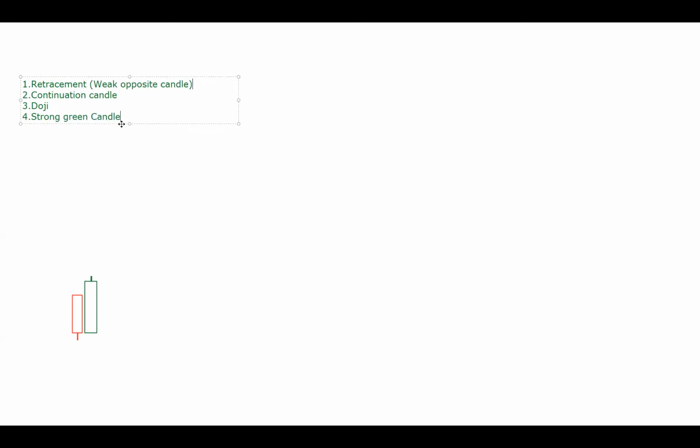Now tell me the opposite possibilities. Strong bullish candle. Red candle, bearish candle, right? And number 6, a strong bearish candle. So how many possibilities are there? 6. And when you are trading, how many possibilities do you have in mind?